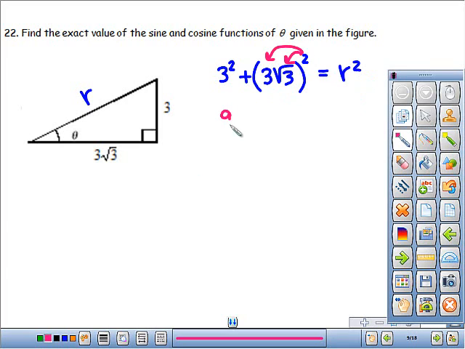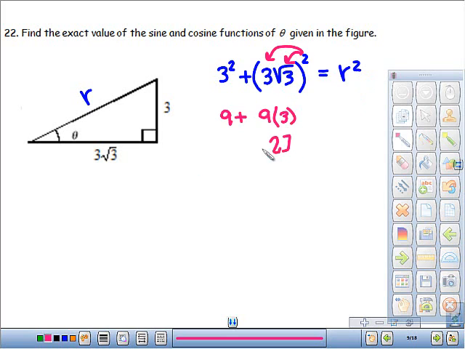You end up with 9 plus 9 times 3, which is 27. You get 36. Take the square root, and you get 6. It is r, so we're definitely using a positive number. So positive 6.